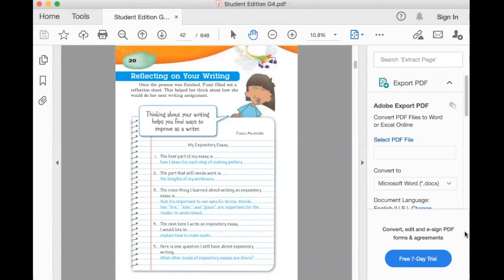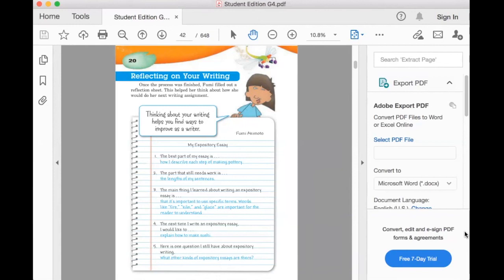The best part of my essay is how I describe each step of making pottery. The part that still needs work is the length of my sentences. The main thing I learned about writing an expository essay is that it's important to use the specific terms.